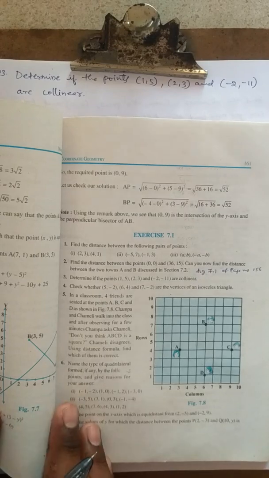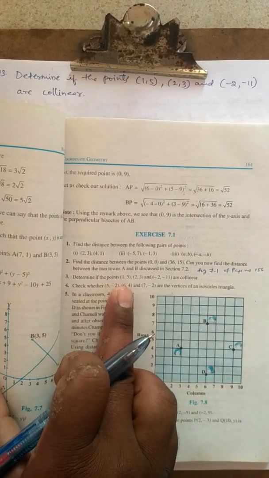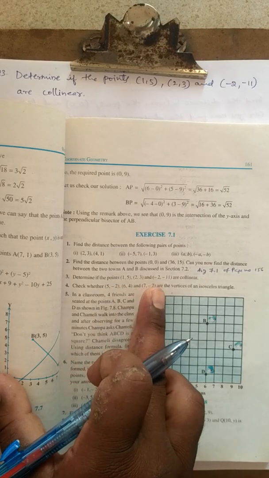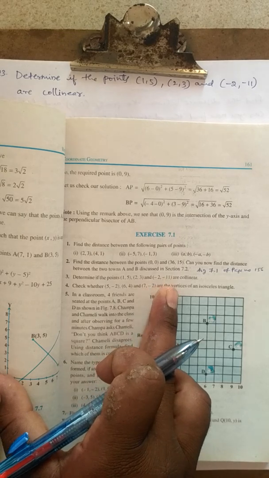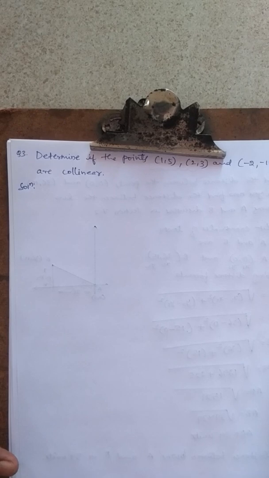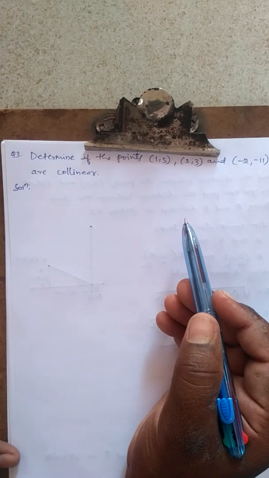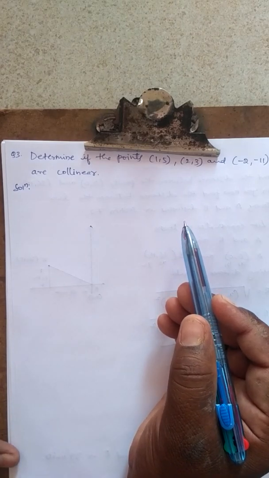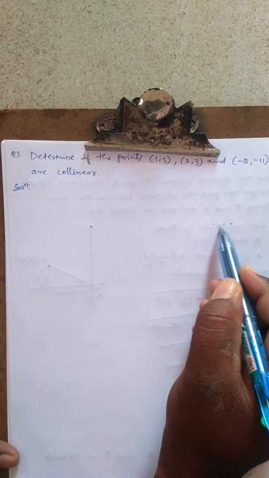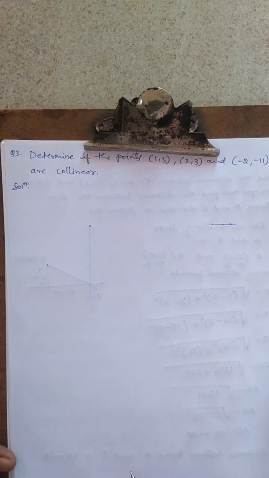Now we have to go for the third problem, that is, determine if the points 1, 5, 2, 3 and minus 2, minus 11 are collinear. Here collinear means the given points exist on the same straight line. If the given points exist on the same straight line, then we call such points collinear.